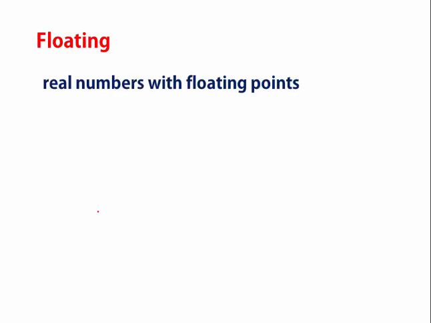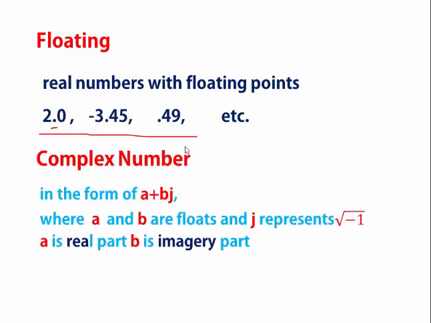Next we are going to learn about the floating point number. These are real numbers with floating points. You could see here 2.0, minus 3.45, 0.49, etc. These are floating point numbers. And next comes the complex number. A complex number is written in the form a plus bj, sometimes represented by i, as in bi.